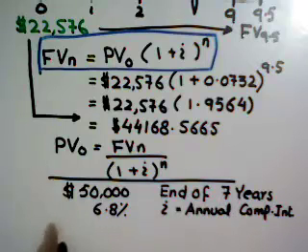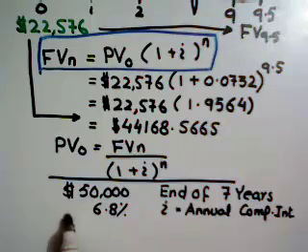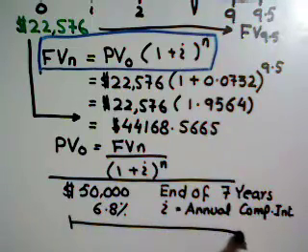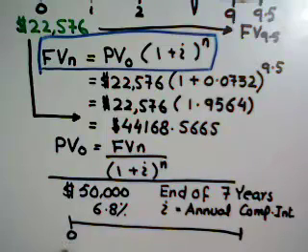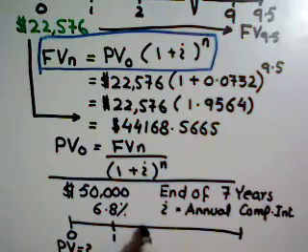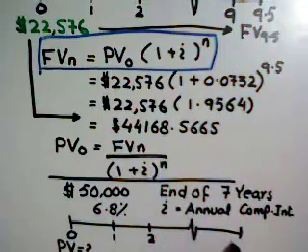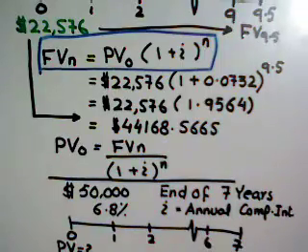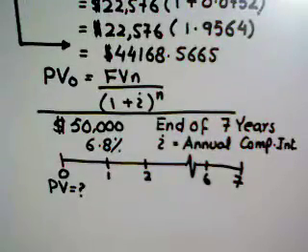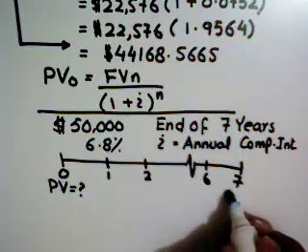So to solve this, let's draw the timeline again. In the timeline, time 0 is the present value that we need today, and we want to find out this value, and this is the end of first year, the end of second year, and likewise the end of say 6th year and 7th year. Now I want to have 50,000 at the end of 7th year.